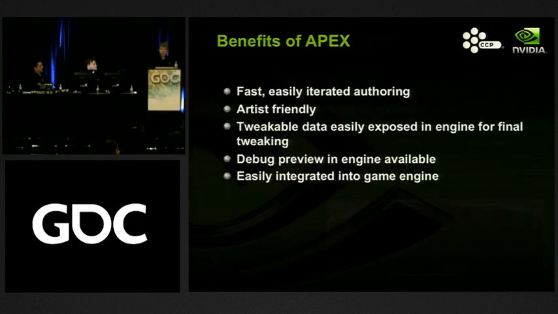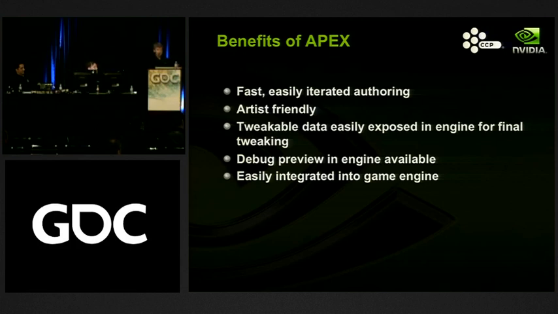So just a quick summary before we move on to live demos. The benefits of APEX are, as you've seen, fast and easily iterated authoring, and very artist-friendly. I'm not an artist myself, but it looks very easy to do this authoring. And all the tweakable data is easily exposed for final in-game or in-engine tweaking, and all the debugging features are available.